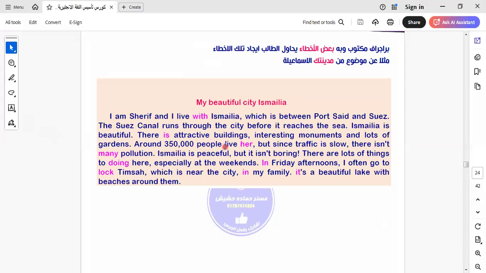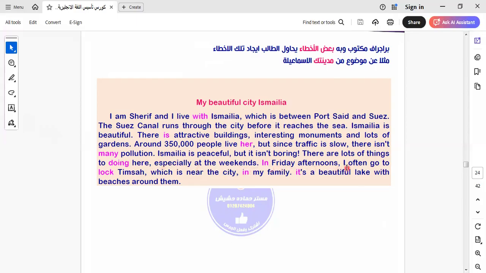Around 350,000 people live here, but since the traffic is slow, there isn't much pollution. So the pollution in Ismailia is not harmful. Ismailia is peaceful, but it isn't boring. There are lots of things to do, especially at weekends.